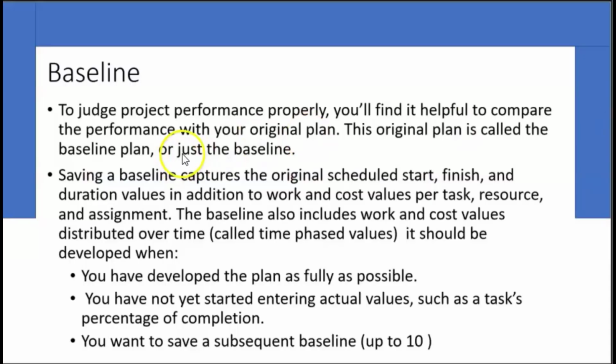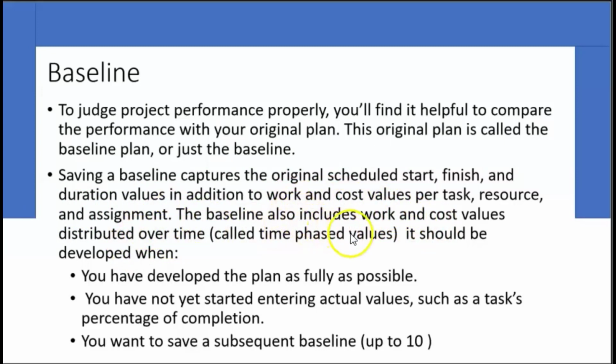So what is a baseline? To judge project performance properly, you will find it helpful to compare the performance with your original plan. This original plan is called the baseline plan, or just the baseline. Saving a baseline captures the original schedule start, finish, and duration values, in addition to work and cost values per task, resource, and assignment.